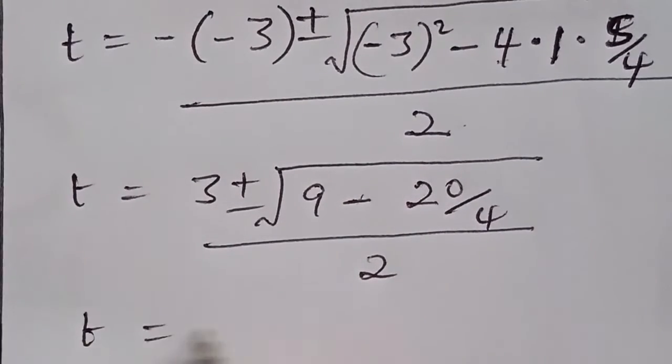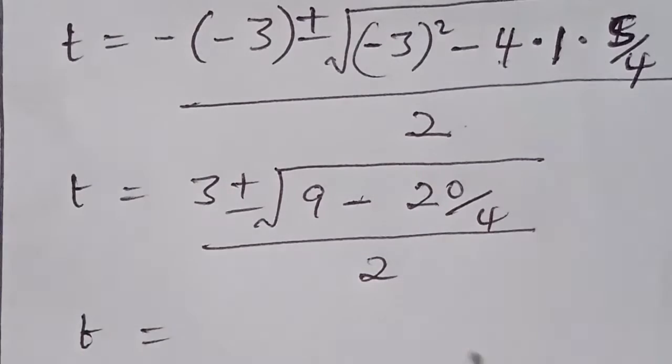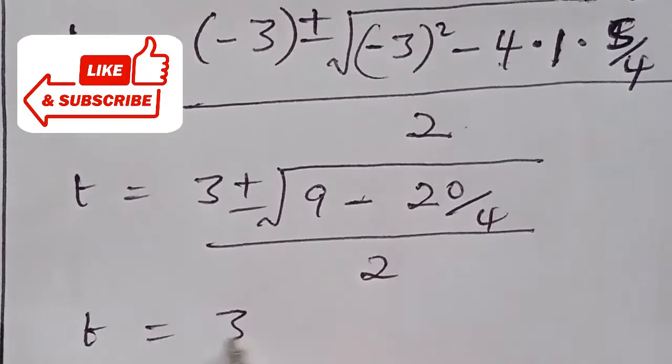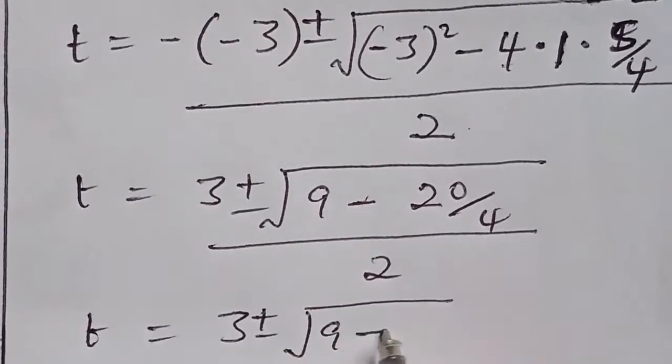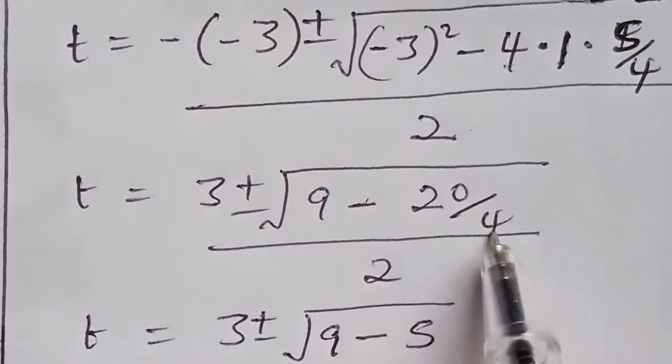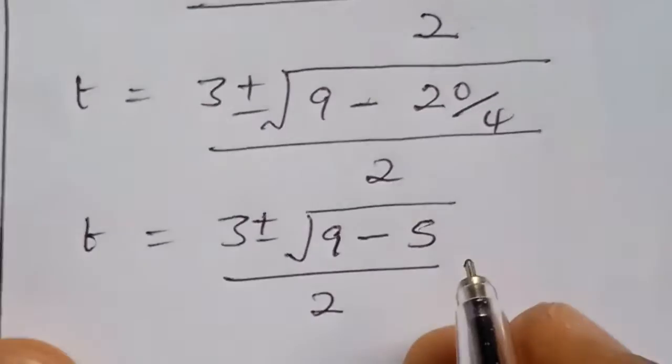Now we have t equal to 3 plus or minus square root of 9 minus 5. This divided by this, we have 5 over 2.